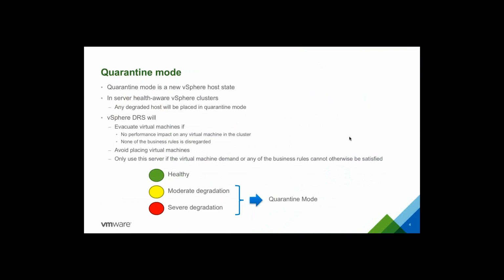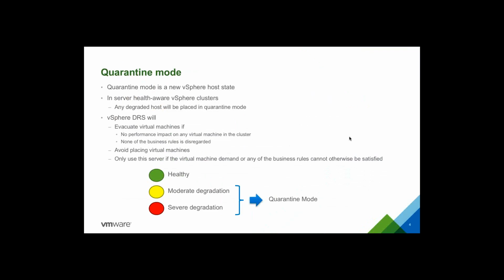If we detect that there's a power supply failure and all of the hosts in the cluster are sharing that same power supply, it doesn't make a lot of sense to place every host into quarantine mode and move all of the machines all over the place, because all the hosts would then be affected by that component failure.